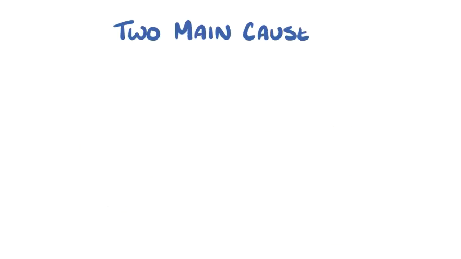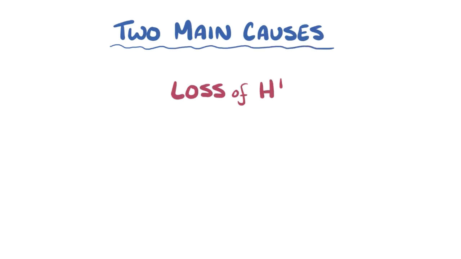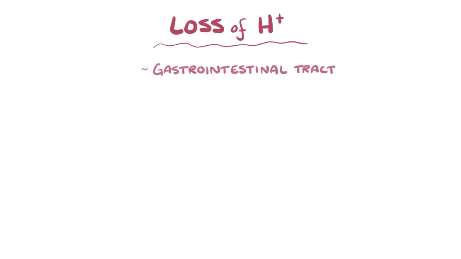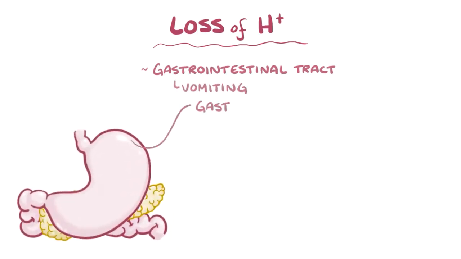Now, metabolic alkalosis can typically happen from two main causes: loss of hydrogen ions and gain of bicarbonate ions, or most often a combination of these two. Loss of hydrogen ions can happen either from the gastrointestinal tract or from the kidneys. The first case most commonly happens during vomiting, because the gastric secretions are very acidic, meaning that they have lots of hydrogen ions.